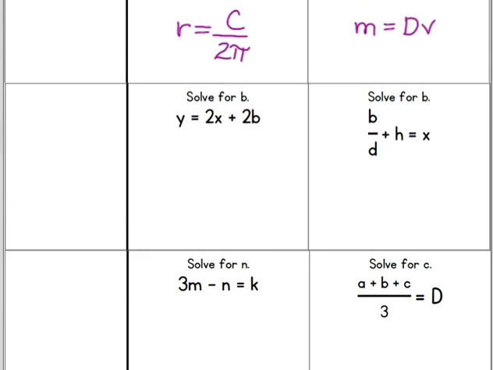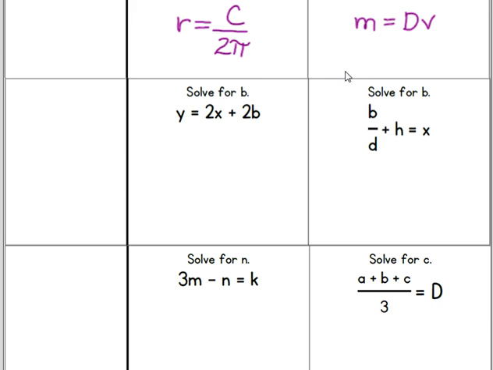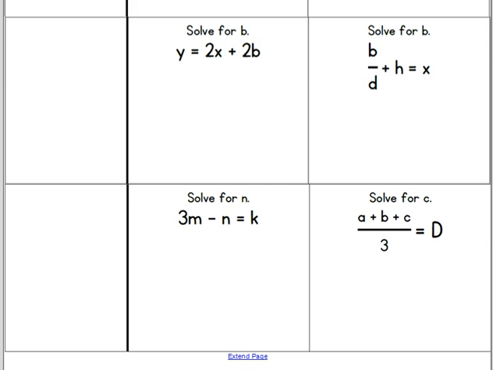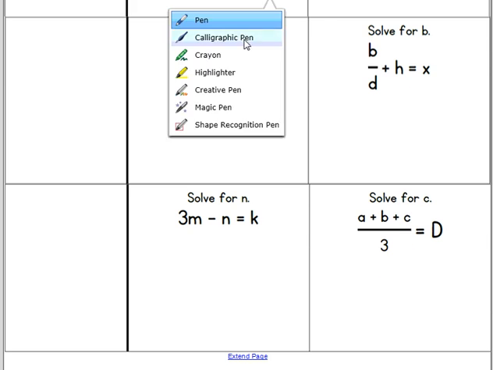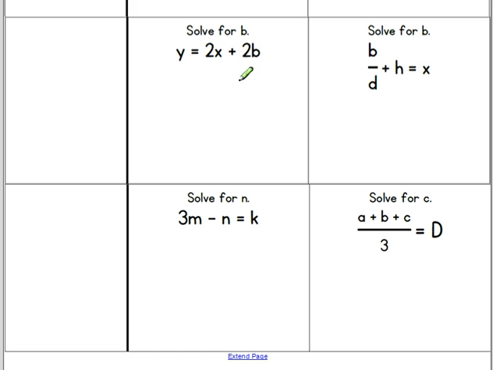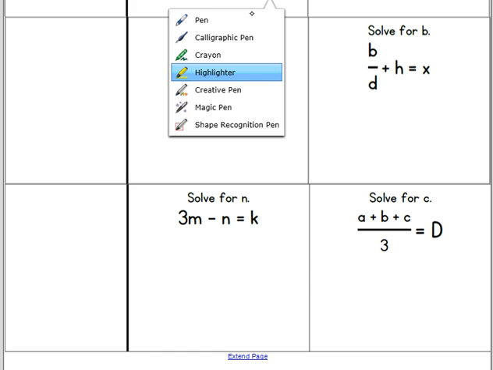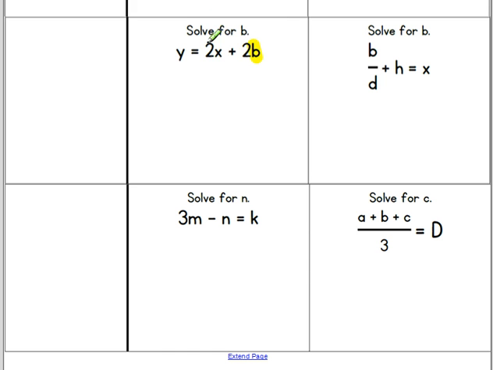The next one says solve for b. So we're going to solve for this variable here, and we need to determine what we need to move first. In this case, we need to undo and move this 2x.